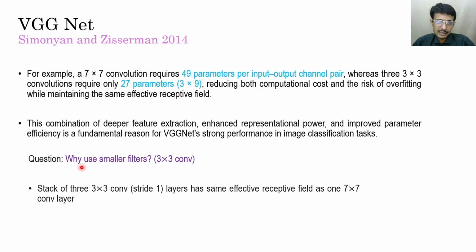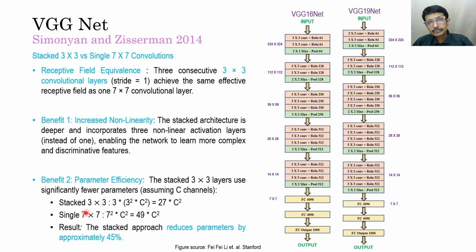This is a similar question. Why use a smaller filter in a stack? A stack of three gives the same effectiveness. Now, what we have seen, we can sum up in a summary. We use stacked 3x3 versus a single 7x7 convolution. The receptive field equivalence is the same because both are 7.